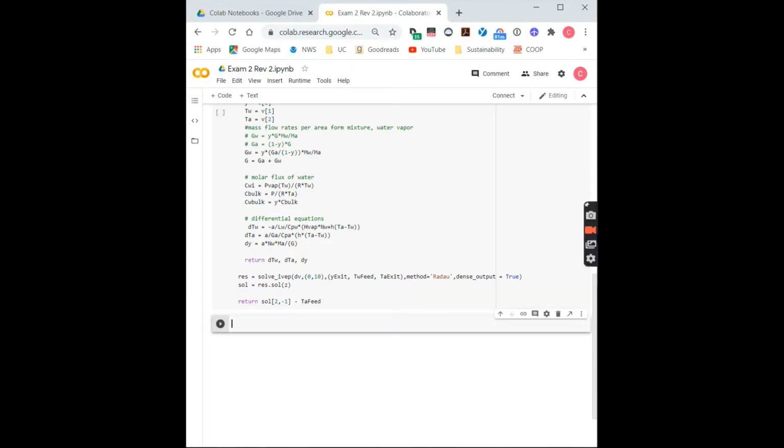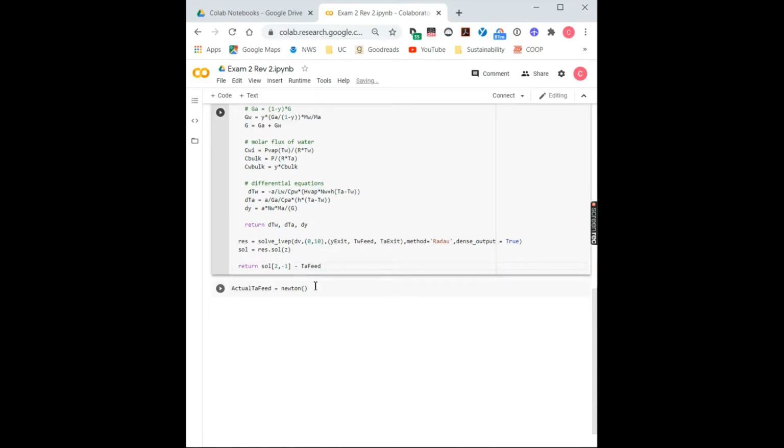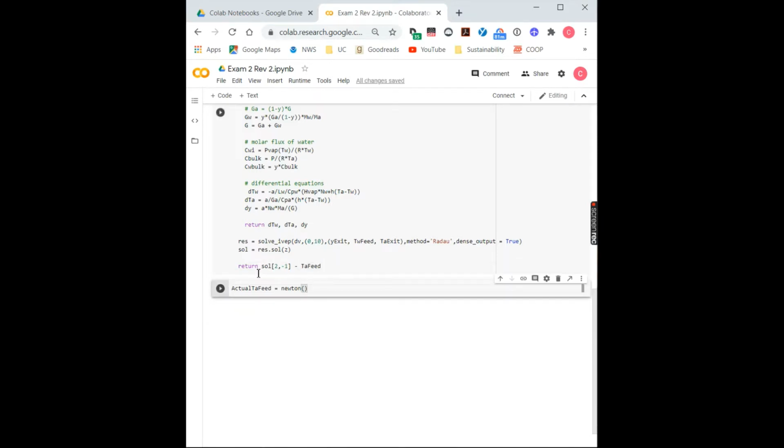So once we have our differential equations, we now need to optimize our value that we're using for the air temperature feed. To do this, we can use this Newton function, which is similar to the root function, where we want the difference between these two TA feed values that we had in our previous function to be 0 because they're the same value.